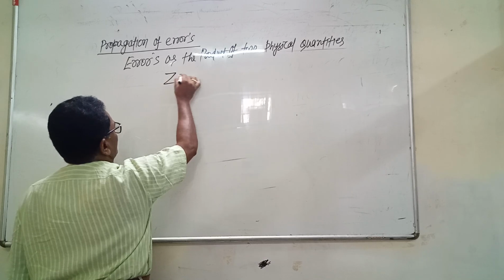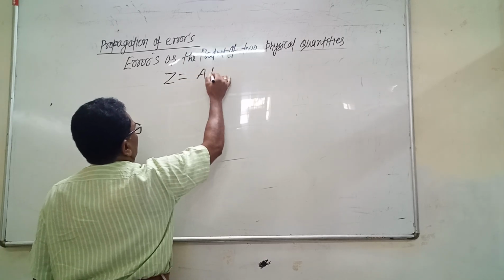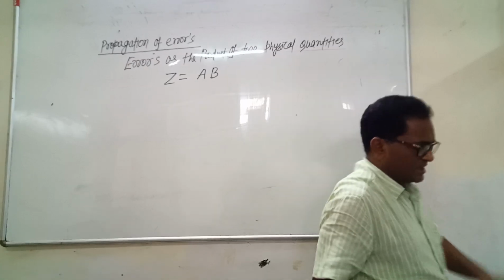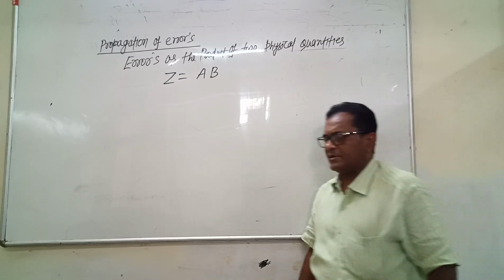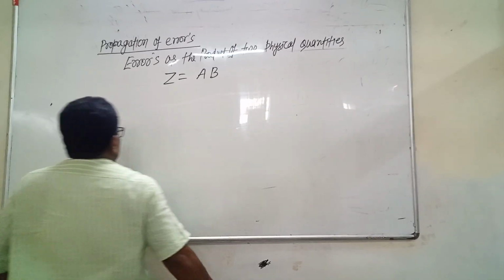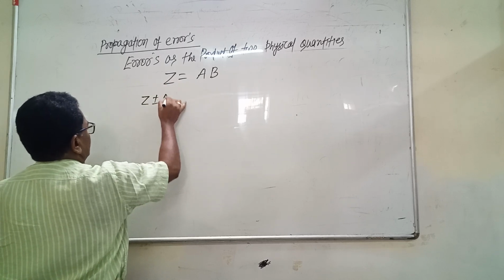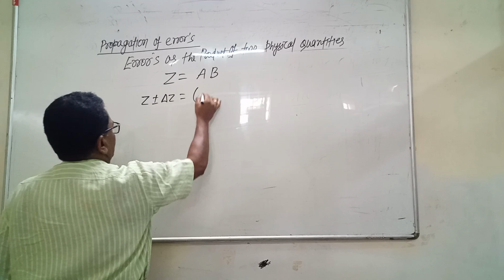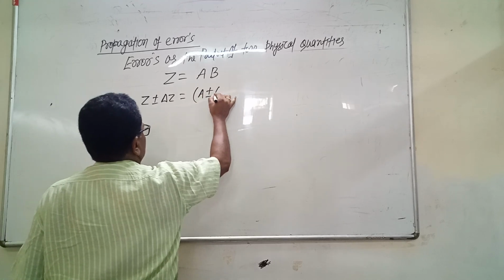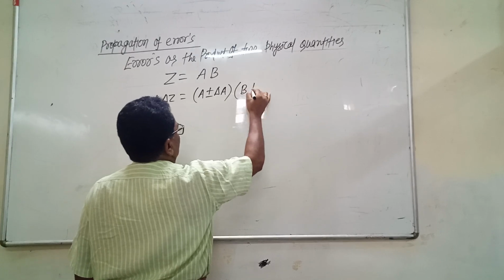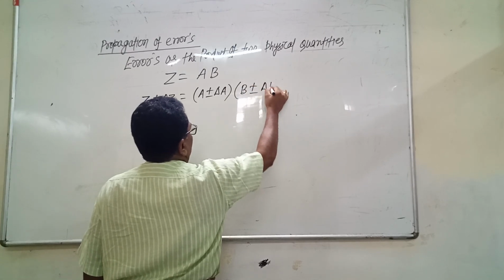Suppose two physical quantities A and B are related by the relation A into B, Z equals A into B. So again, error in Z plus minus delta Z. A can be written as A plus minus delta A, and B can be written as B plus minus delta B.